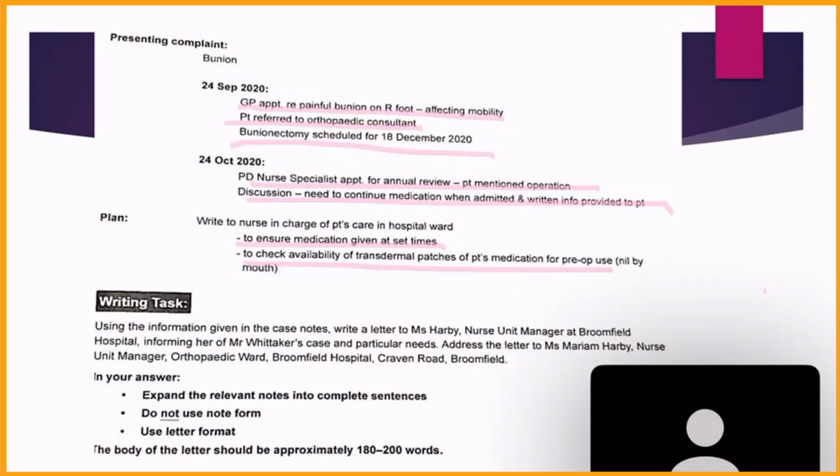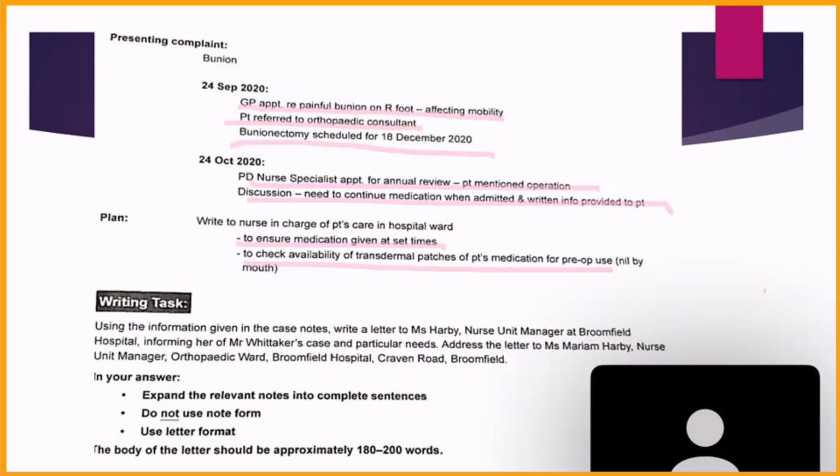And has been written. Has been written. And has been provided in writing to the patient.